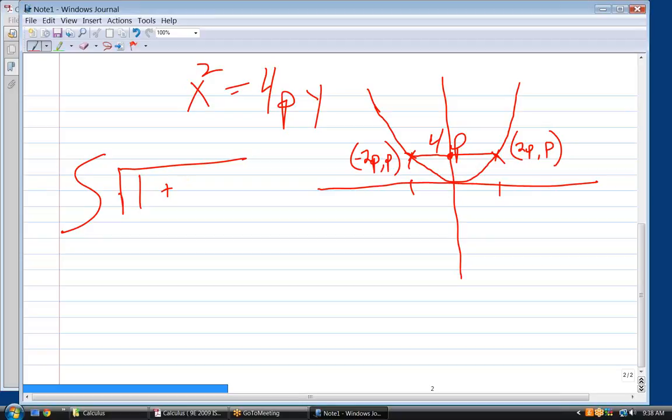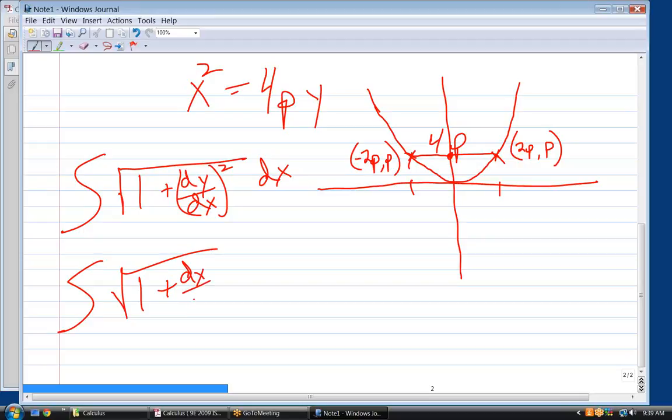It's the integral of the square root of 1 plus (dy/dx) squared dx, or the square root of 1 plus (dx/dy) squared dy, from A to B on the x-axis, or from C to D on the y-axis.